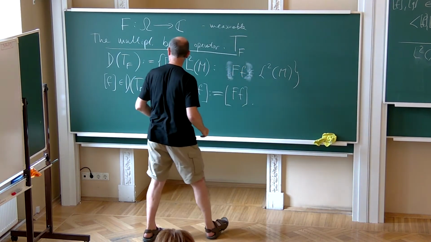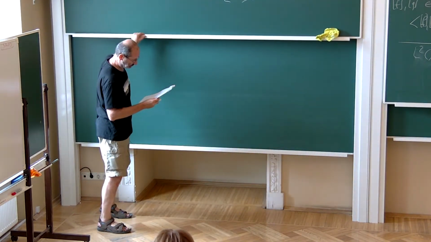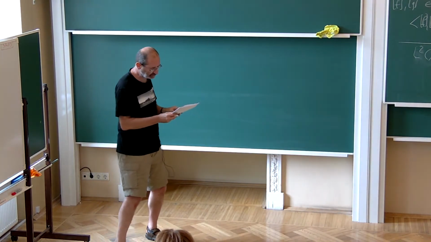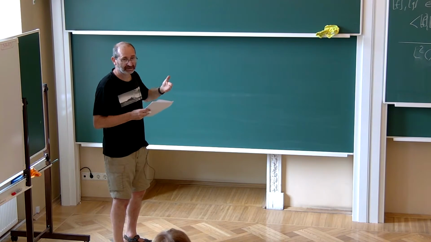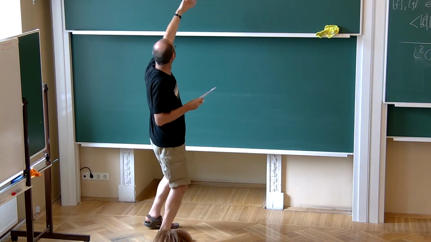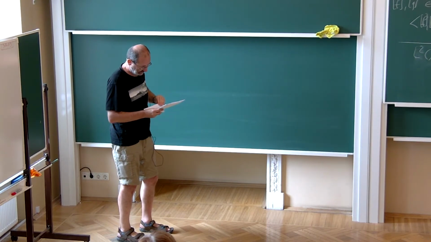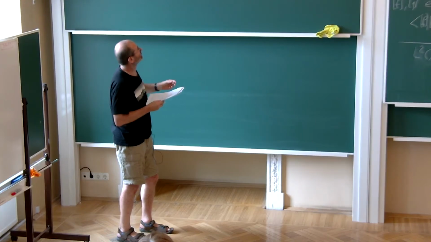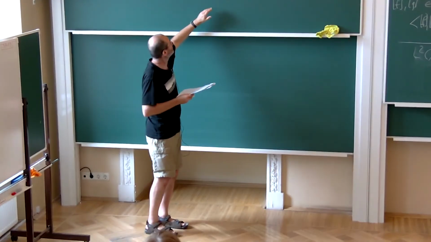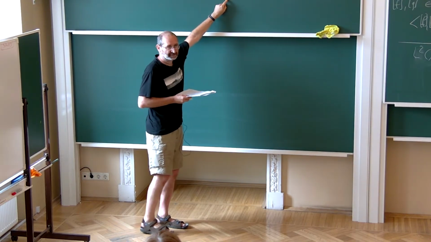So this is the definition. And of course, it's easy to check that the domain is linear and the operator is also linear. It's trivial. And we should check something which is also trivial: that this definition does not depend on the choice of f.